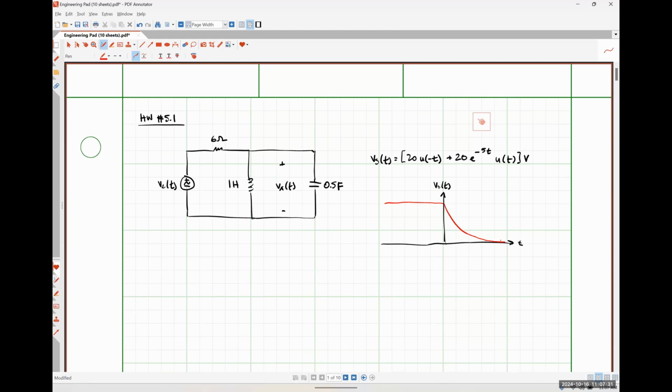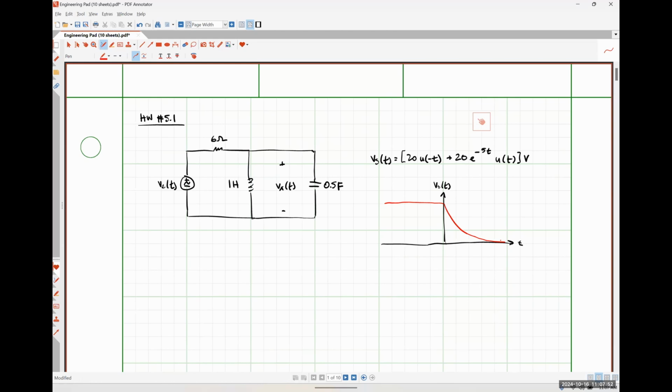So effectively what we're going to do is analyze this circuit at t equals 0 minus, which is literally just DC circuit analysis, in order to get our initial conditions on our inductor current and our capacitor voltage.